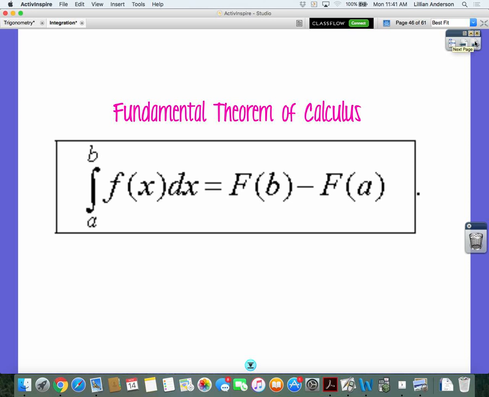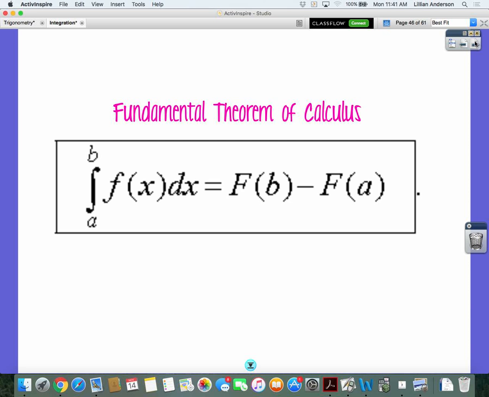All right. Now, the fundamental theorem of calculus: when we actually know what the function is, we can apply the definite integral using this theorem, which basically says that we take the antiderivative, plug in the top bound and subtract it from when we plug in the bottom bound.